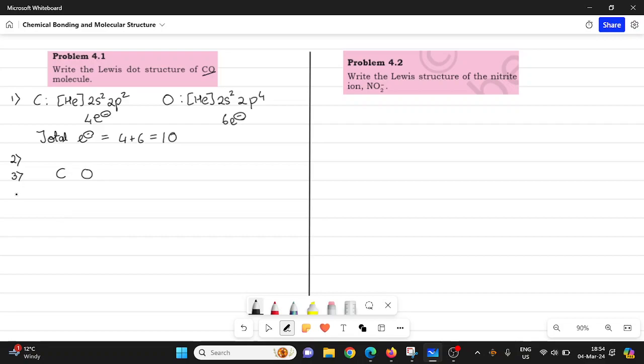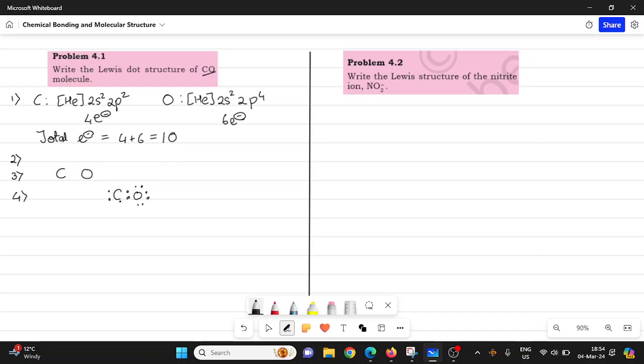The next step is to draw the bonds. The first thing we're going to assume is that they have only a single bond between them, which means they have only one pair of electrons being shared between the two. So you'll have 1, 2. This is the shared electron pair. Now let's fill in the rest: 2, 3, 4, 5, 6, 7, 8, 9 and 10.